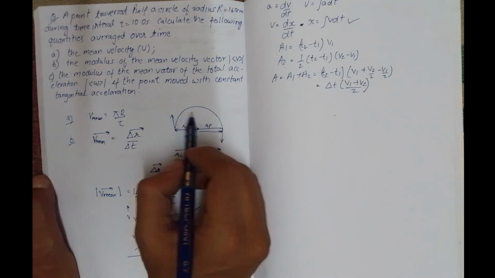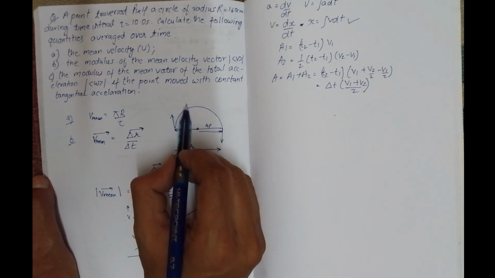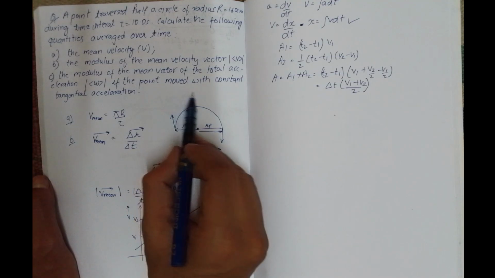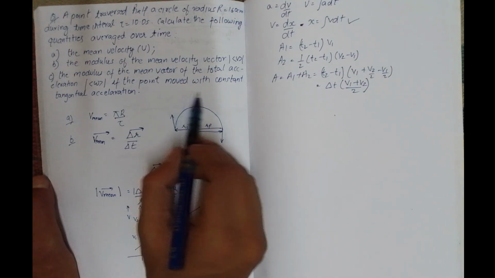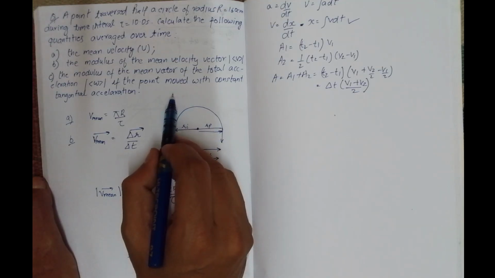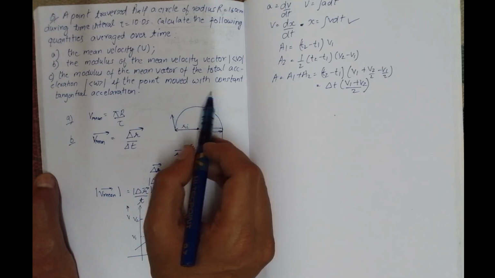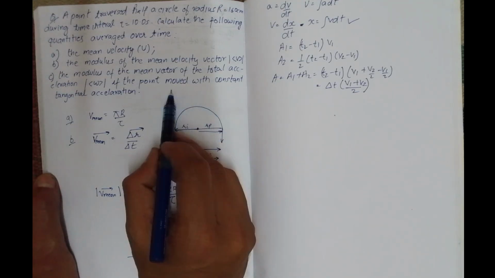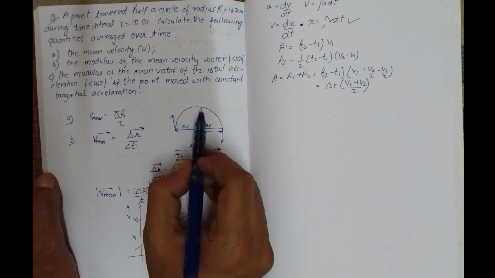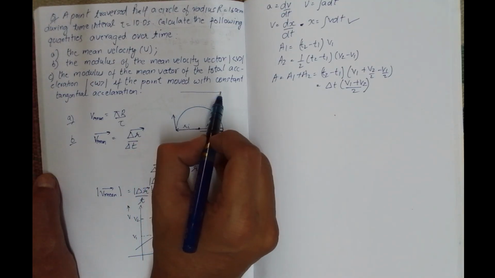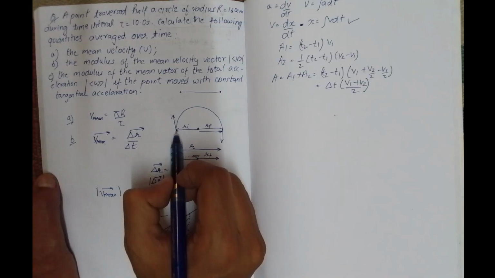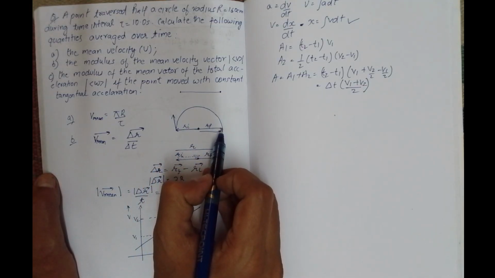So it's similar to a particle moving on a straight line with a constant linear acceleration, with a certain initial and final velocity. If you consider a straight line with a length equal to this total length, there will be a lot of similarity between that motion and this motion.